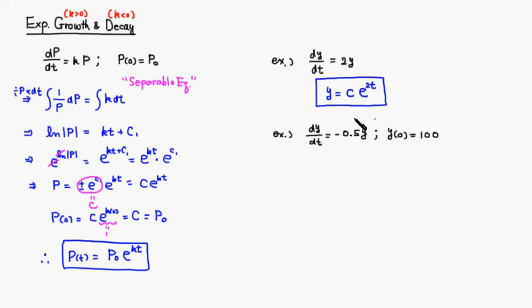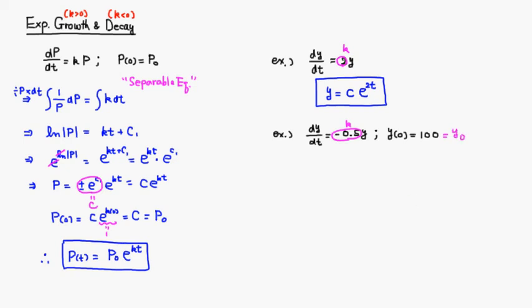And how about this one? Here, the k value is negative 0.5. Then we have an initial value, which is basically our P0. Since the function's name is y, I should call it y0.